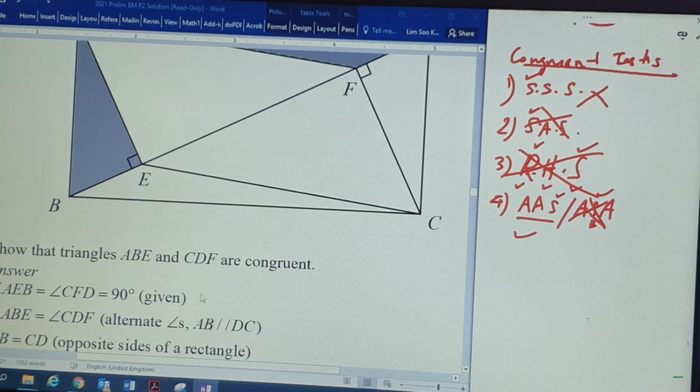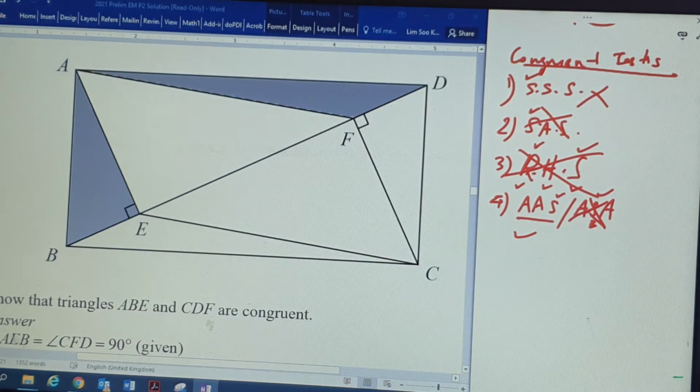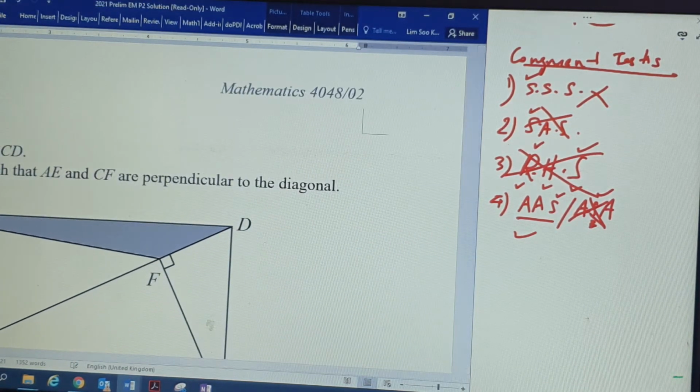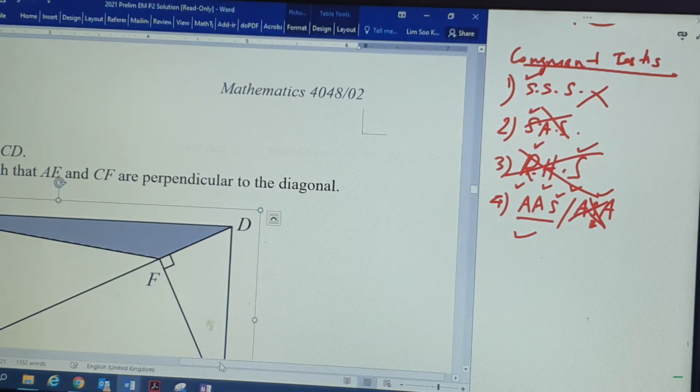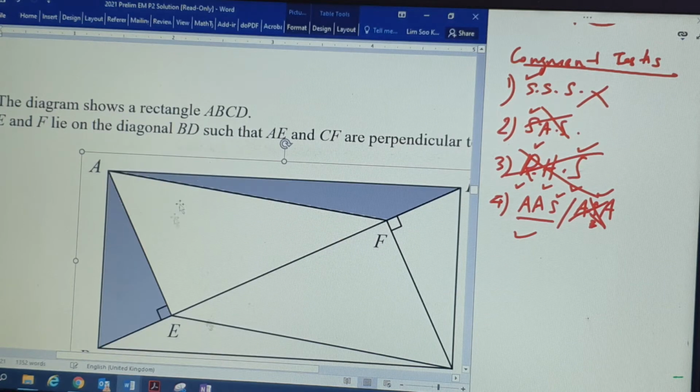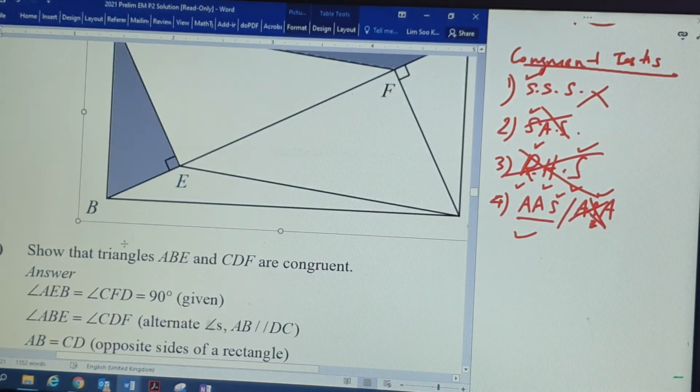So you see, now to prove, you must always state the equal length or equal angle first, then state the reason. Now if it's given, like in this case, let's see, oh, it's not given, terrible, this answer key. They didn't say exactly that AEB and CFD equal 90.